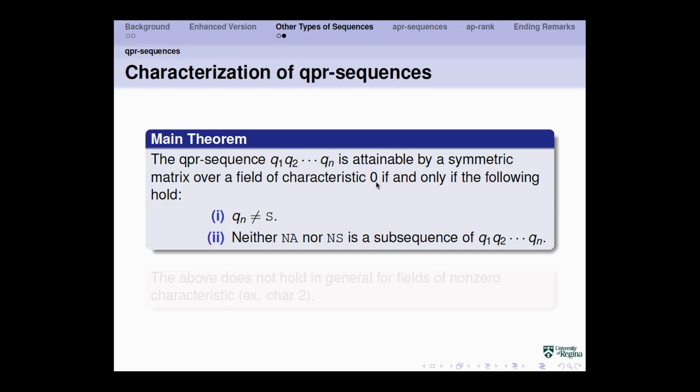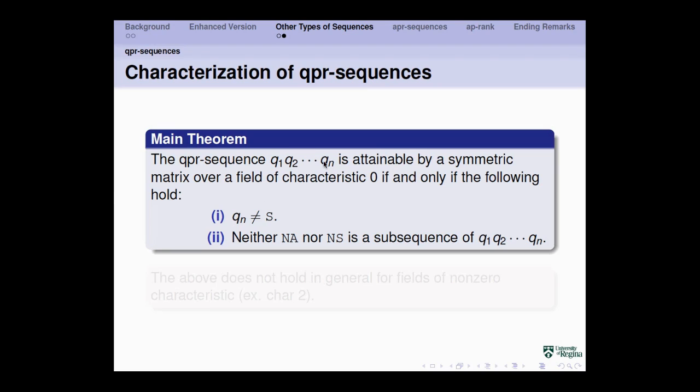If the field had non-zero characteristic, the field would have to be infinite. But nonetheless, let's just leave it at this stage. This sequence is realizable as the QPR sequence of a symmetric matrix if and only if the last digit can't be an S. So right here, you cannot have an S in this last position.